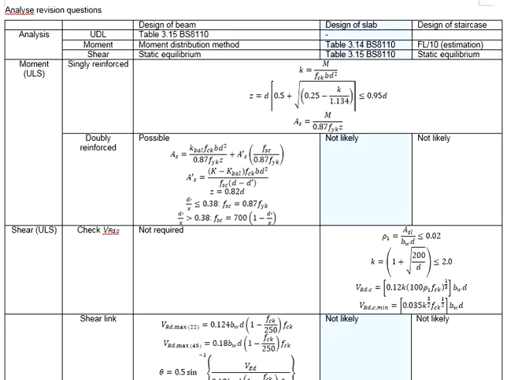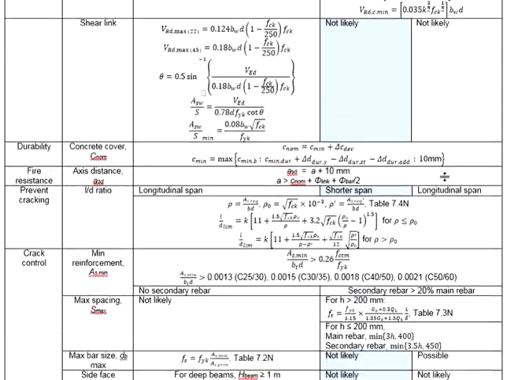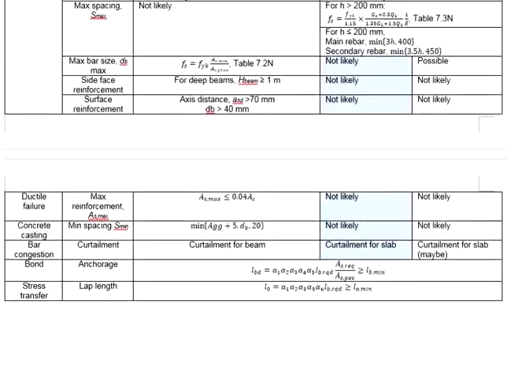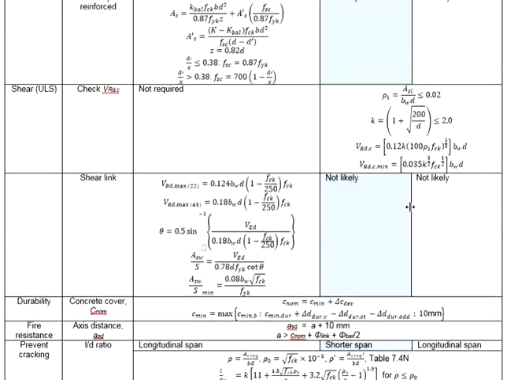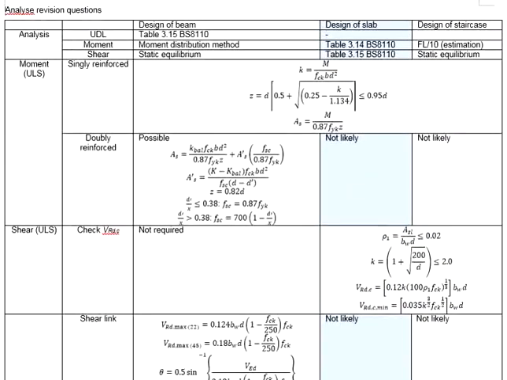Hi, let us do a quick summary in terms of the design for reinforced concrete beam, slab and staircase. This table can be used as a revision for preparing for your final exam. If you observe the table here, some of the design are universal and commonly used by the beam, slab and staircase.